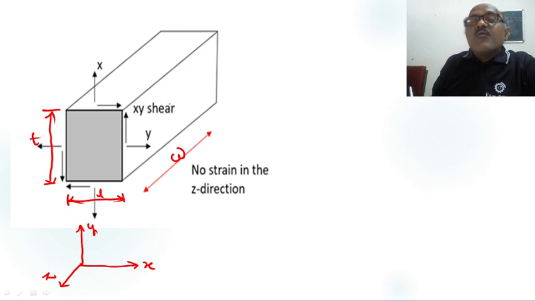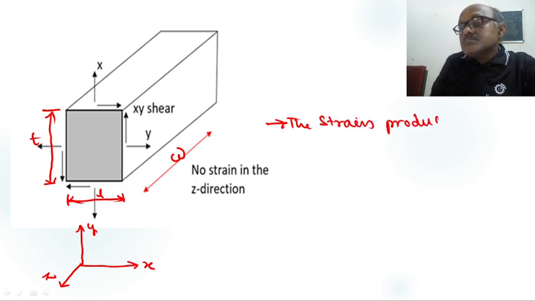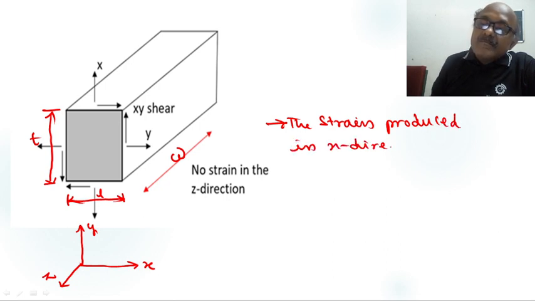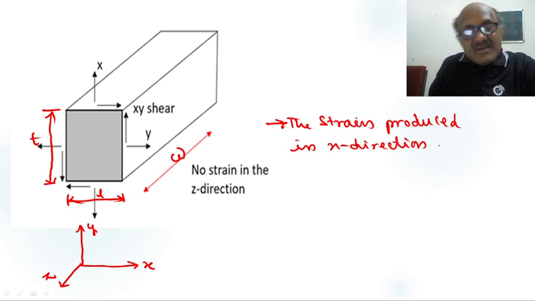So the strain produced in x direction is represented with epsilon x. The x direction dimension is L, so what is the strain? Change in length by original length.